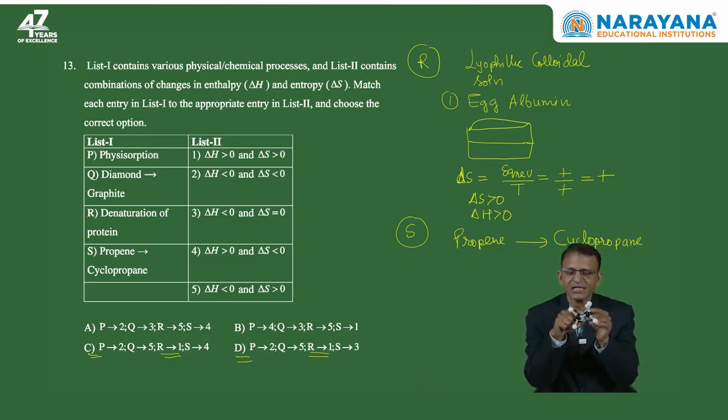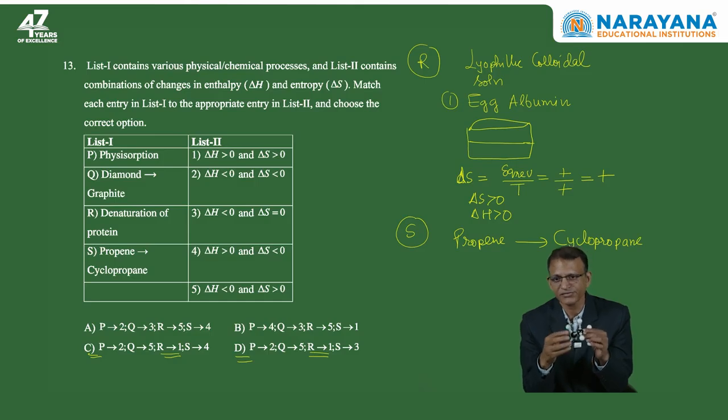So in this molecule the conformations are more, or the degree of freedom is more, right? So this molecule is relatively stable with respect to cyclopropane, because in cyclopropane this angle is 60 degrees, which makes a triangle, and all these carbon atoms are sp3 hybridized. So their angle should be 109 degrees 28 minutes, but in place of that the angles are 60 degrees. So because of that there is angle strain, there is torsional strain. So overall this is a very strained molecule, meaning it has high energy.